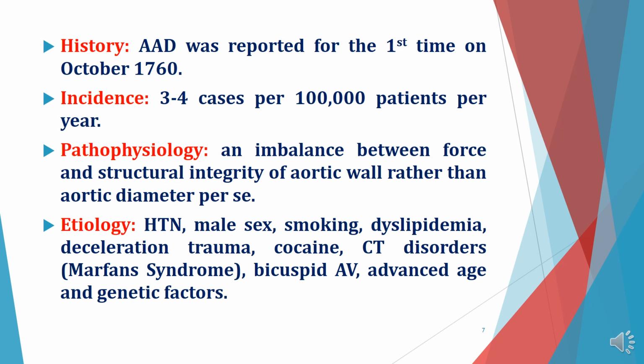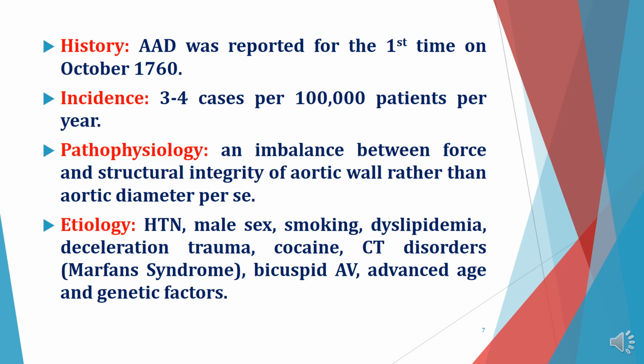History. Acute aortic dissection was reported for the first time in October 1760. Incidence. The incidence is about 3 to 4 cases per 100,000 patients per year.